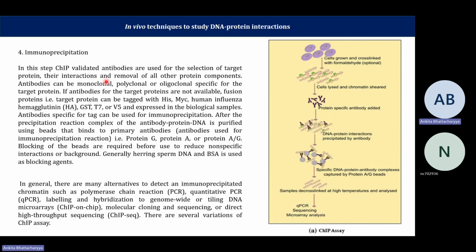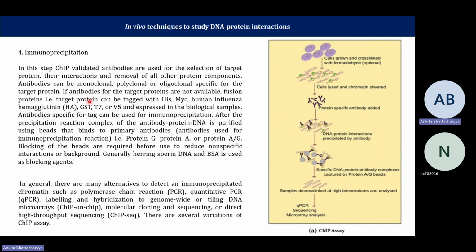And then you can use the tag specific antibody to pull down samples, and that's going to give you even more pure results. And it is going to specifically detect only the overexpressed protein and not the nascent basal level protein expression.